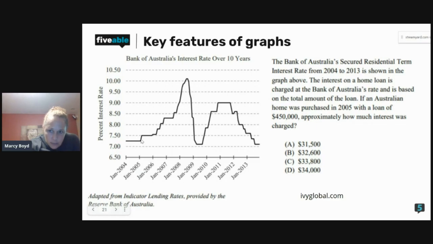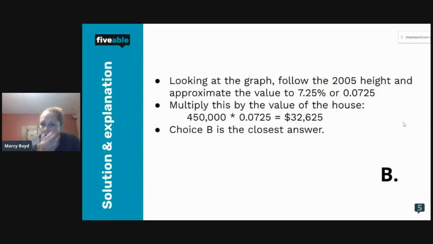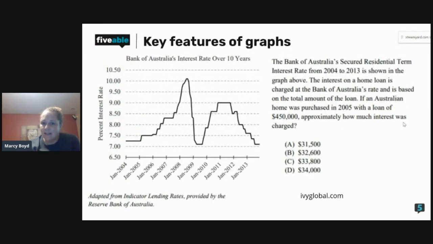I said, hey, let's pull that at 7.25, 7.5, either one, but that is where our difference might be. Okay, so I went with 7.25, 7.4. It looks like I used that now on my calculator. I multiplied by the price of the house, 450,000, and I got close to that 32,000 answer. So not exactly, but real close.